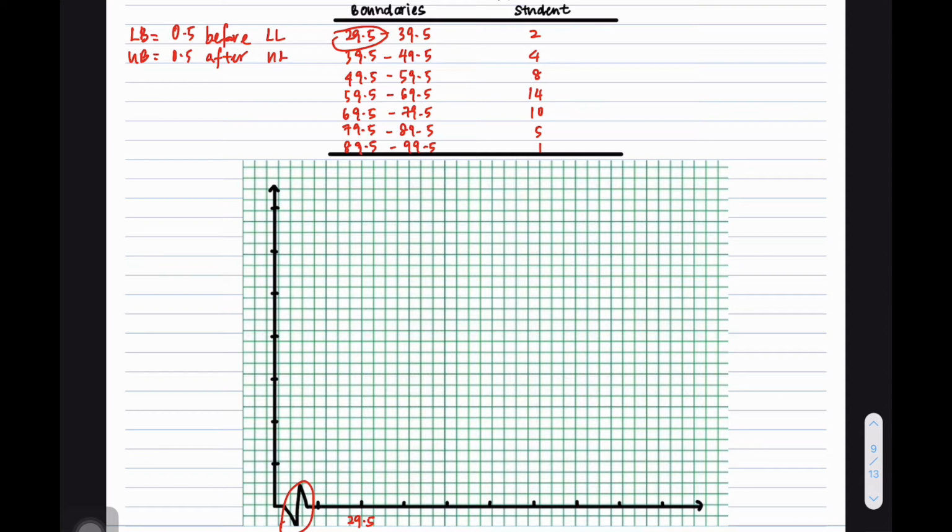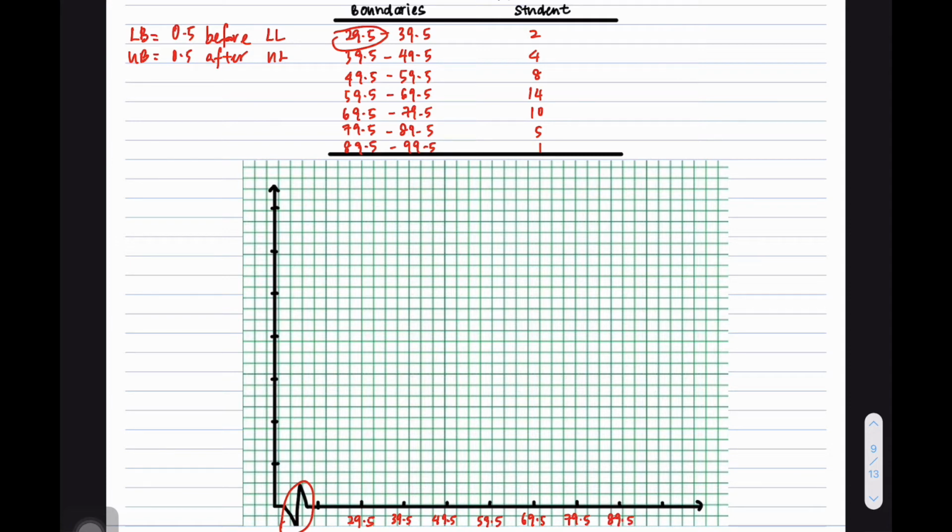Means we are not starting from 0, we are starting from 29.5. And then we will continue with the same interval. After 29.5 is 39.5. Then you have 39.5 to 49.5, then 49.5 to 59.5, then 59.5 to 69.5, then 69.5 to 79.5, and then 79.5 to 89.5.